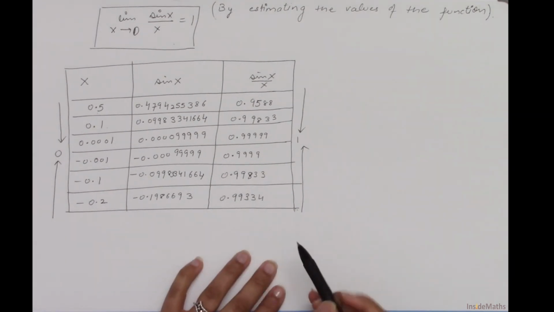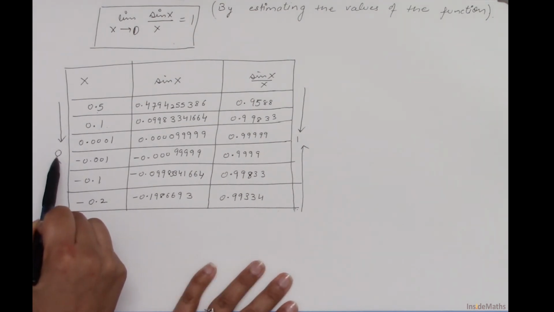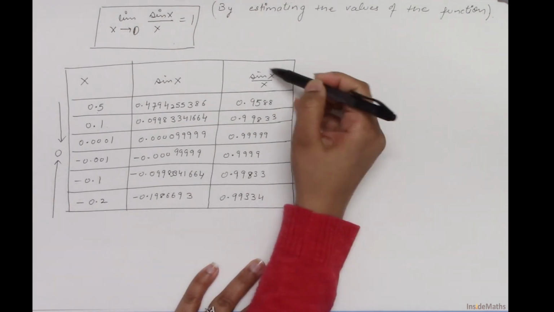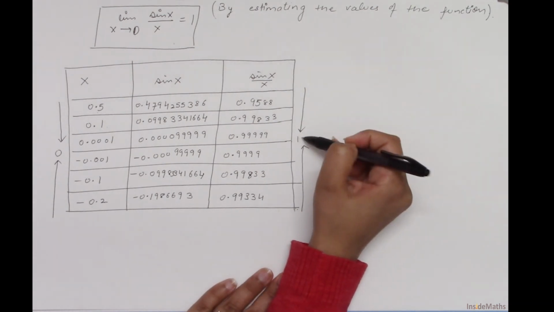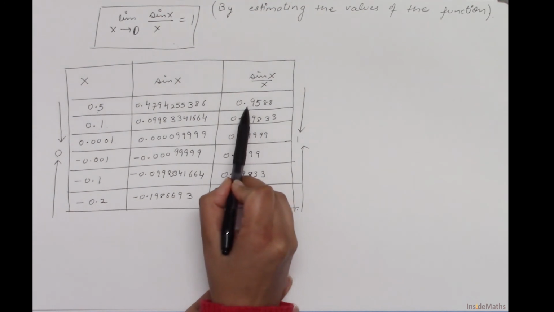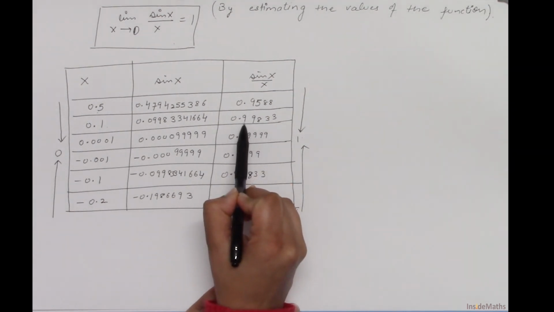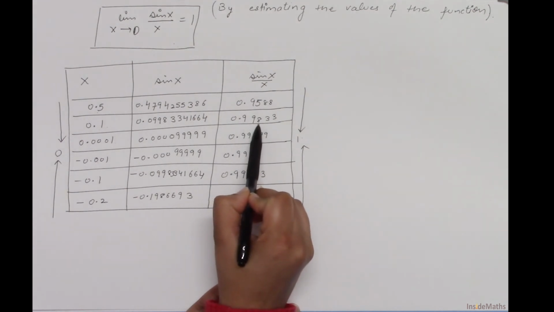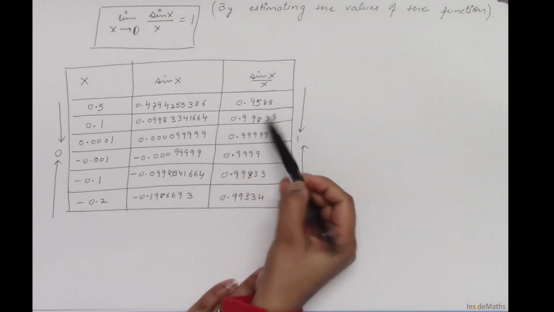Now here we see when the values of x are going closer to 0 from both the sides, the values of sin x over x are also going closer to 1 from both the sides. Here the value is 0.9588, then the value is 0.99833, which is greater than this value.